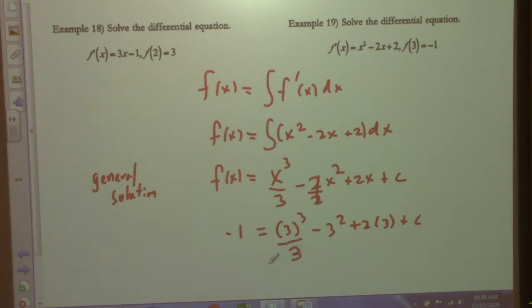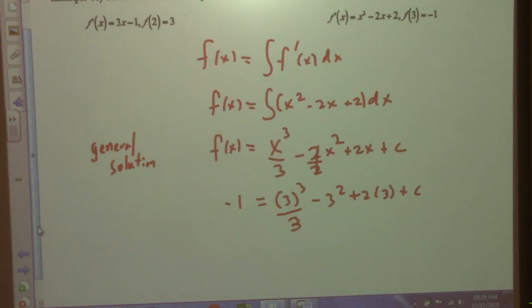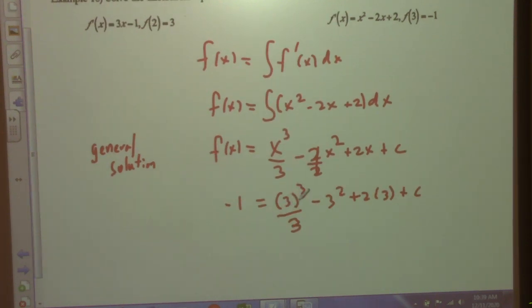And what is this going to be? That's 27 divided by 3, that's 9, minus 9 plus 6 plus c. So those will cancel. So I'm getting c is equal to -7. Does that look right? Is that right? Yes. C is -7.